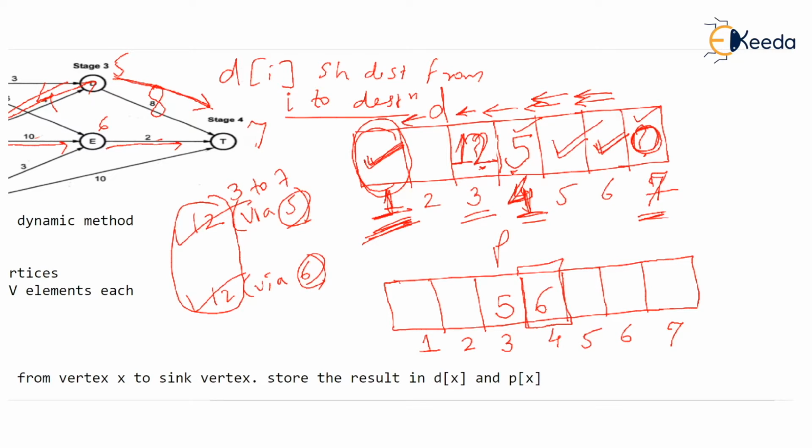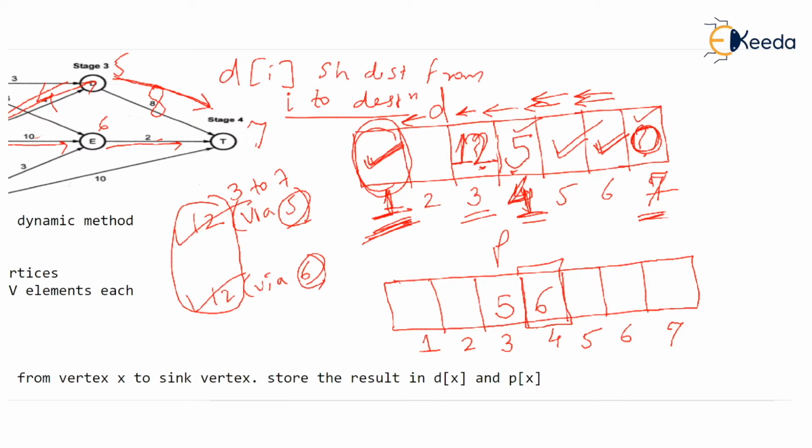Then how is it known as the forward algorithm? It should be known as the backward algorithm, isn't it? But the reason behind calling it the forward algorithm is because it will finally give us the path from source to destination in forward direction. You will understand what I'm talking about. But keep this in your mind. Why is it known as the forward algorithm? I'll tell you, trust me.